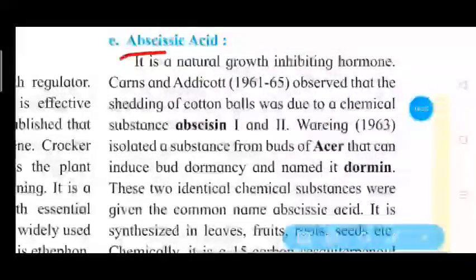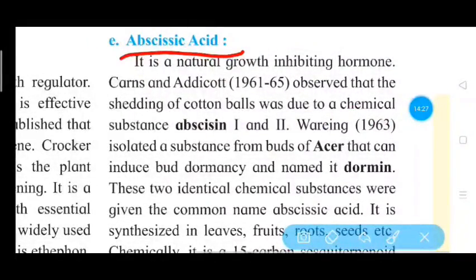The last hormone is abscisic acid. It is a natural growth inhibiting hormone. Ethylene is also a growth inhibiting hormone. Abscisic acid is also a growth inhibiting hormone.